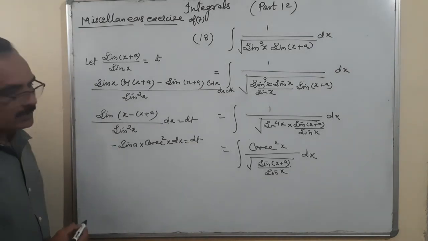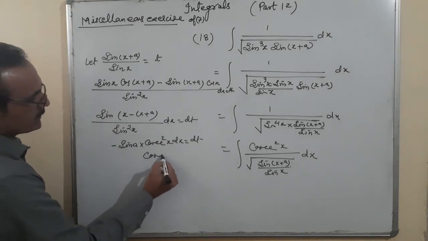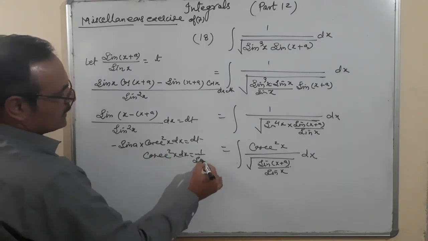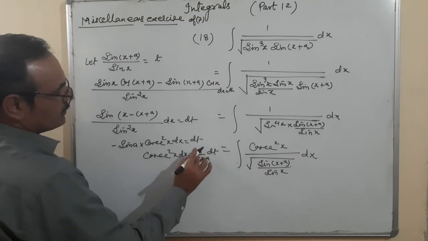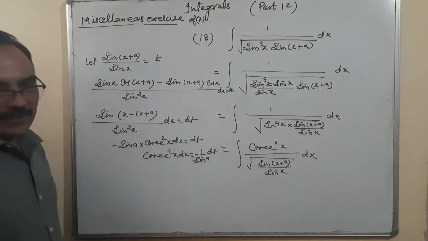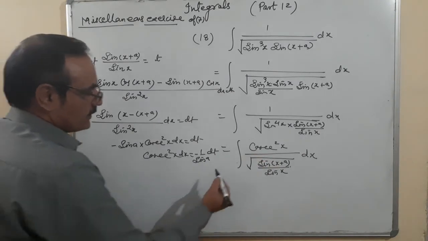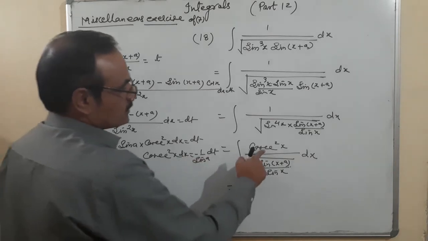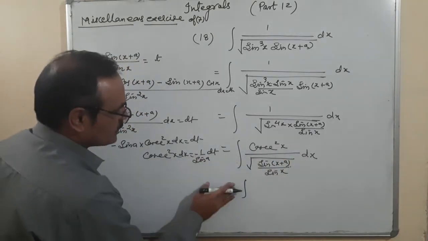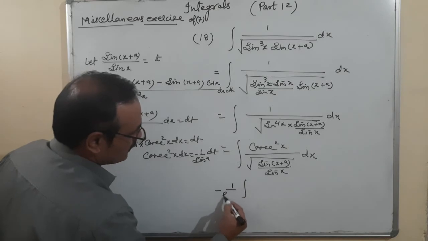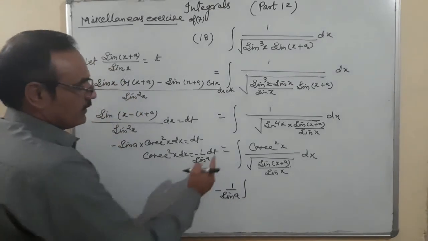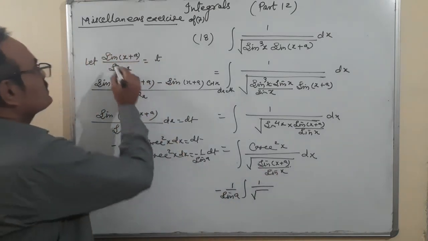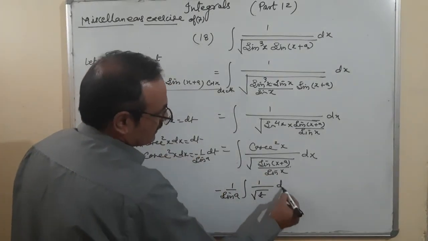Minus sine a is a constant term, so I may write cosec square x dx is equal to minus 1 upon sine a into dt. Replacing the values, we get minus 1 upon sine a, 1 upon under root t, dt, since I have considered this term as t.